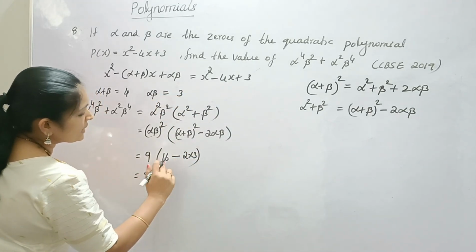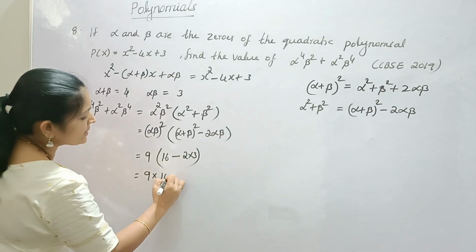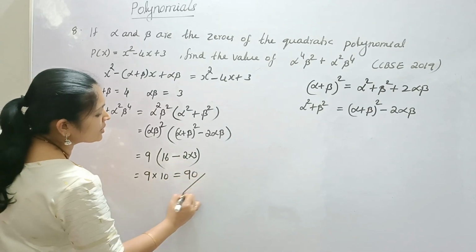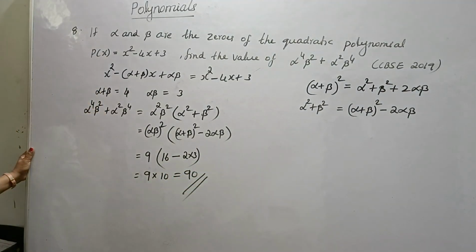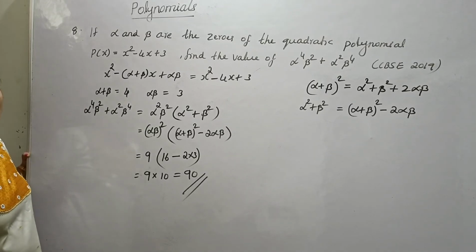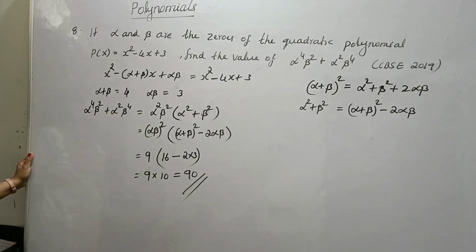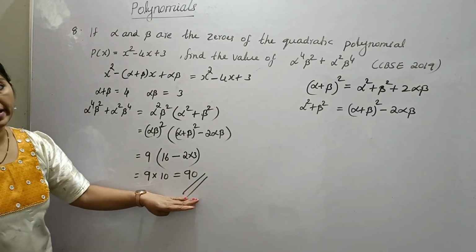That is 9 into (16 minus 6), that is 10, which is equal to 90. So the value of alpha raised to 4 beta square plus alpha square beta raised to 4 is equal to 90.